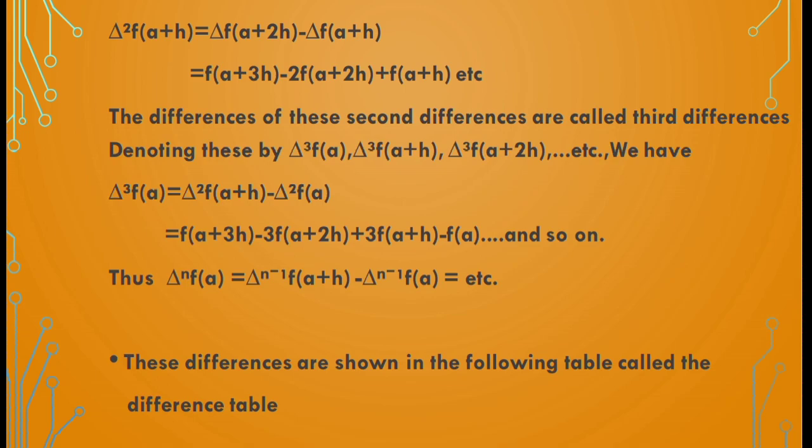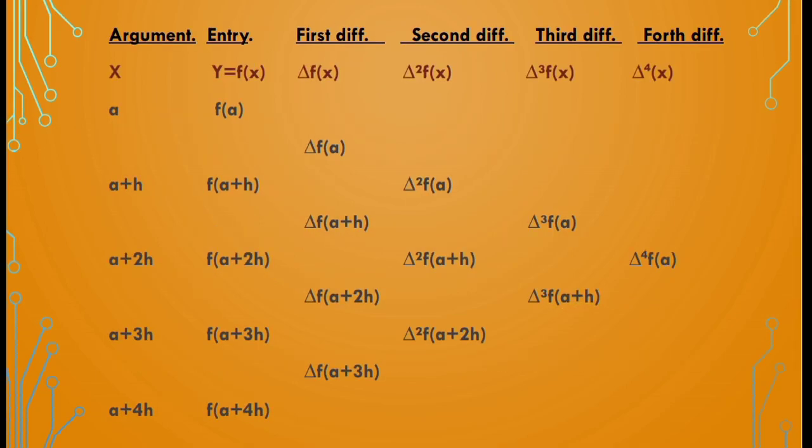Thus, delta raised to n of f of a is equal to delta raised to n minus 1 of f of a plus h minus delta raised to n minus 1 of f of a, etc. These differences are shown in the following table called the difference table. So friends, the difference table: argument, entry, first difference, second difference, third difference and fourth difference. Argument: a plus h, a plus 2h, a plus 3h, a plus 4h.